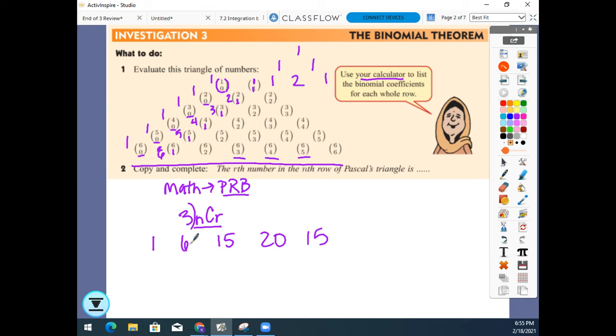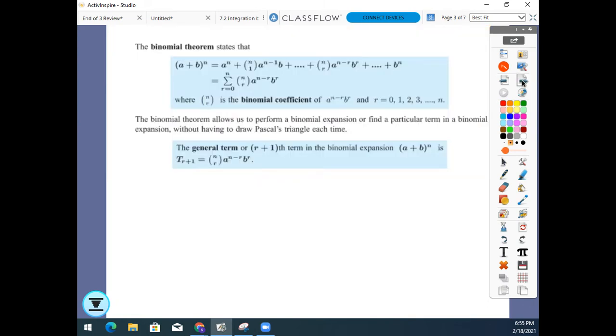And if you remember, it's symmetrical. So see 1, 6, 15, 20. Once I go back down to 15, I go back down to 6 and 1. But the only thing I really wanted you to focus on is how to use your calculator to find each of these things. Okay, so once you're comfortable with that, you can go ahead and move on.